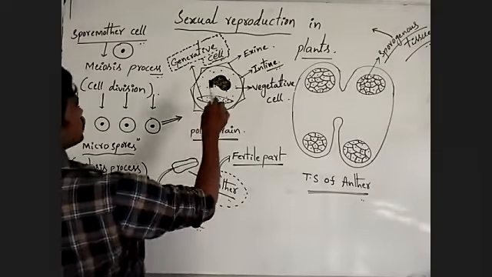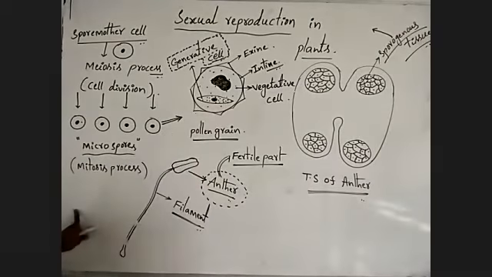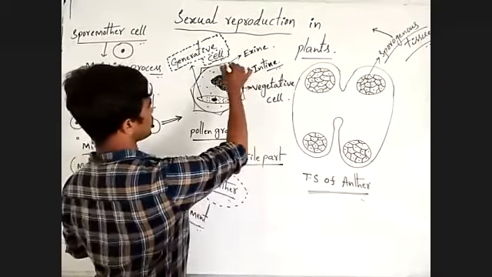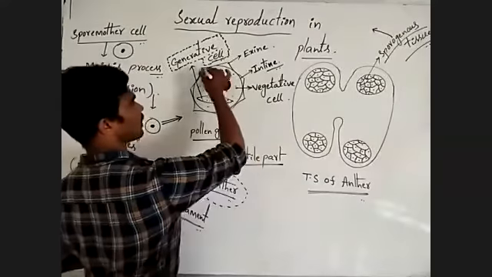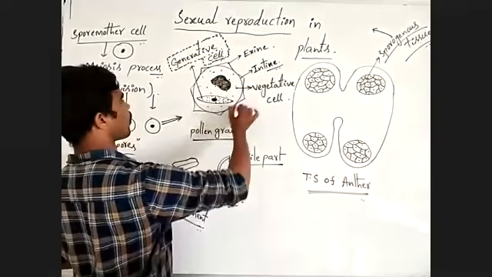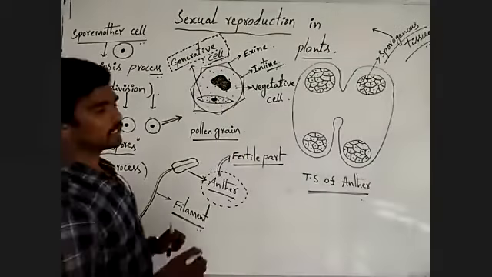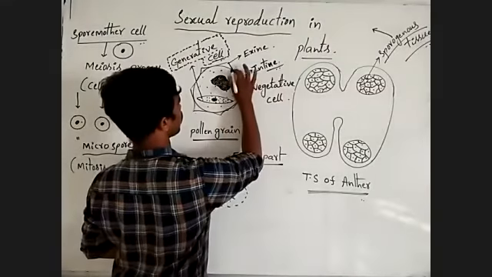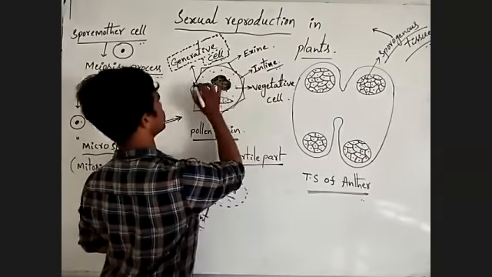Okay, this is the structure of the pollen grain. When we observe the membranes or pollen wall, here and there small pore-like structures are present.